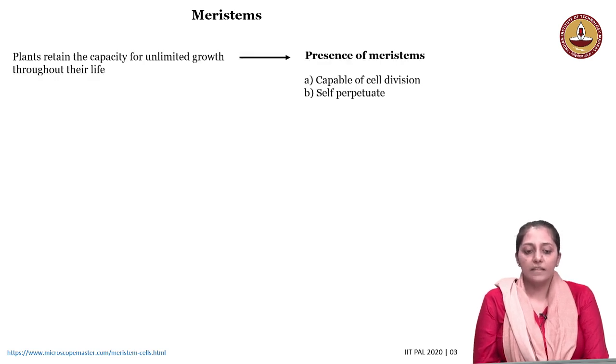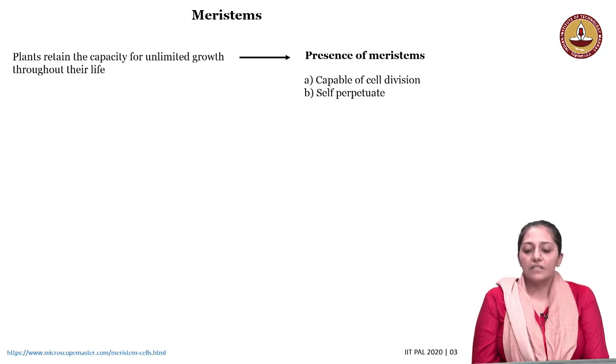So plants, they retain their capacity for unlimited growth throughout their life. That is a very interesting and a peculiar property which the plants have, that they can retain their property of unlimited growth till they are alive. This happens due to the presence of these meristems or meristematic regions in the plant.